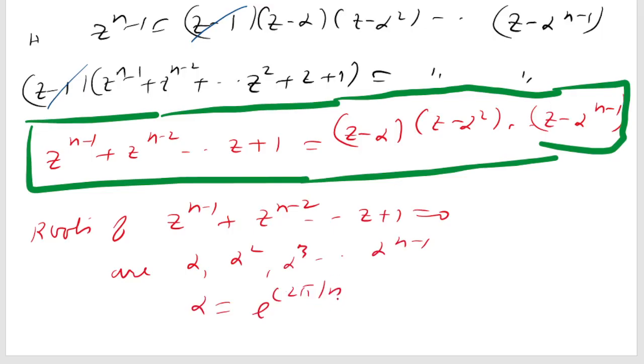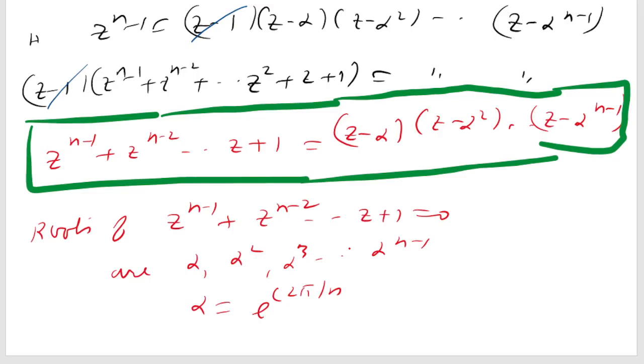Mind it is n, it's not 2 pi by n minus 1, because this is the part of z to the power n minus 1. So if you want to find the roots of any polynomial equation with this form, it has the roots alpha square, alpha cube, up to alpha to the power n minus 1.